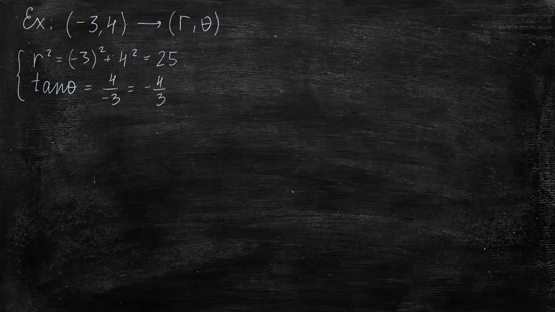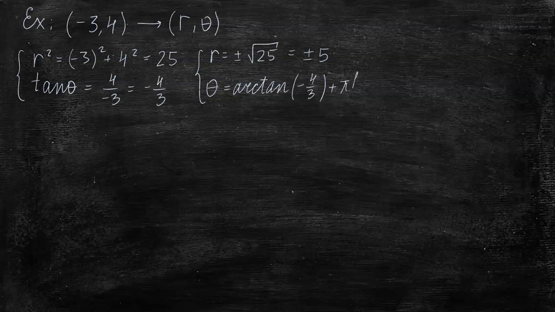Now, solving these equations will give us 2 possible values for r, plus and minus 5, and we also get infinitely many values for theta. So we're going to get arctan of negative 4/3 plus pi k.